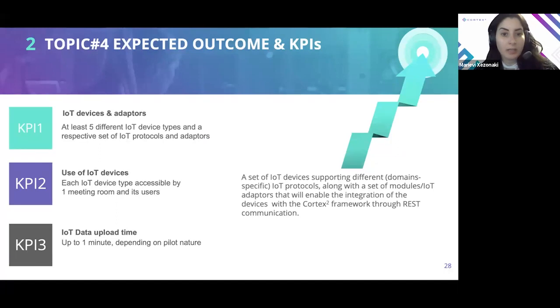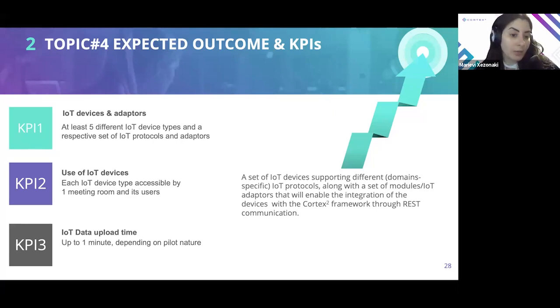Now, the expected outcome is a set of new IoT devices of different domains and protocols, together with the respective set of IoT adapters that are going to enable the integration of the devices with the Cortex framework. And as KPIs, we have said that we would need at least 5 different IoT device types and respective protocols and adapters.